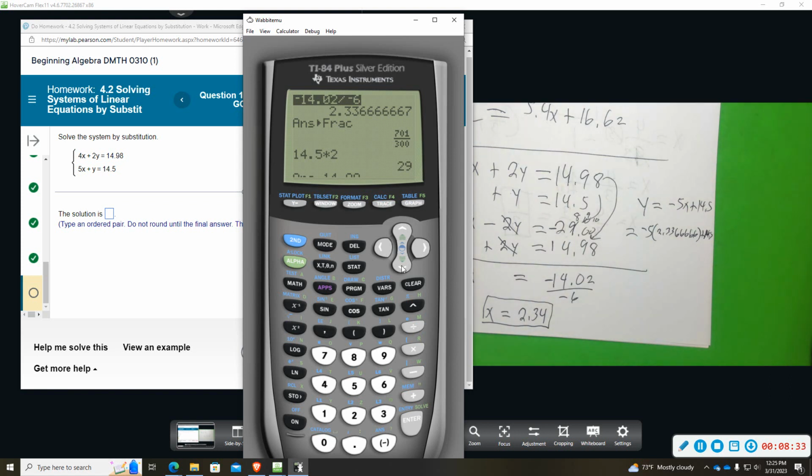So I'm going to do negative 5 times 2.33, and then 6s, 1, 2, 3, 4, 5, and we'll stop there. Close parentheses, and then plus 14.5.